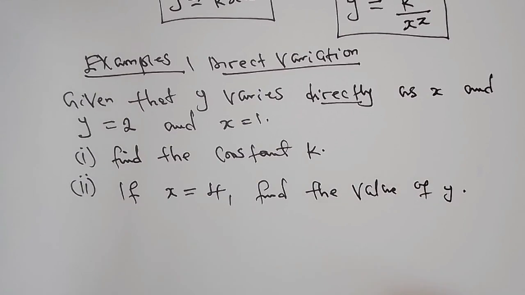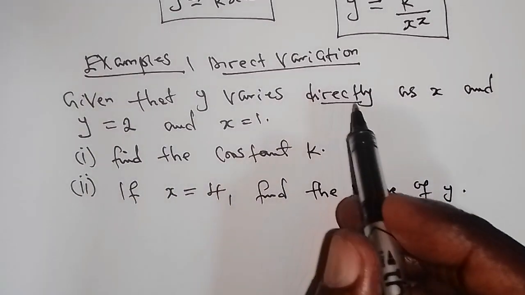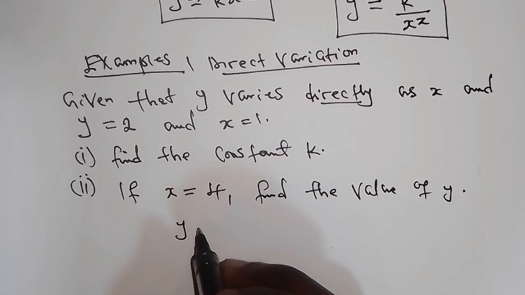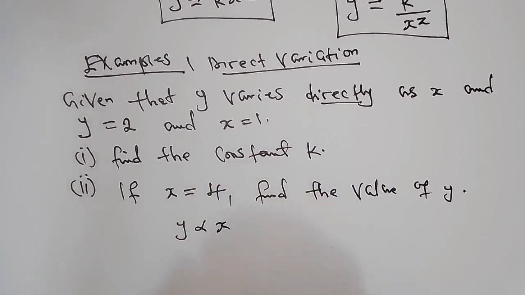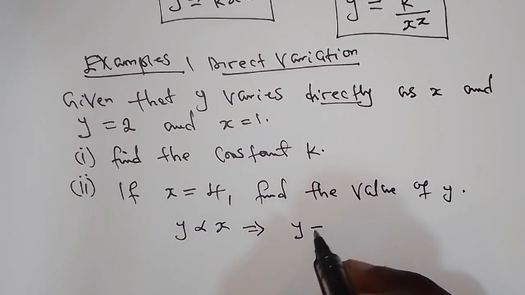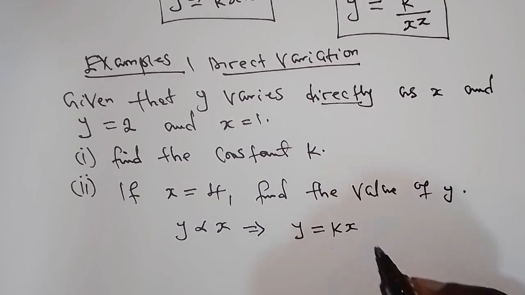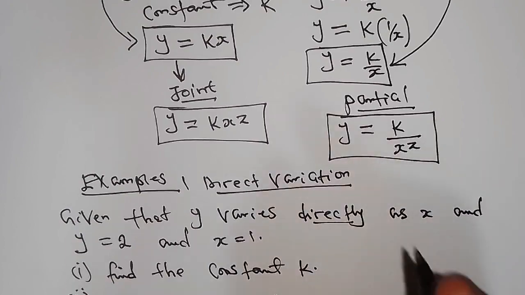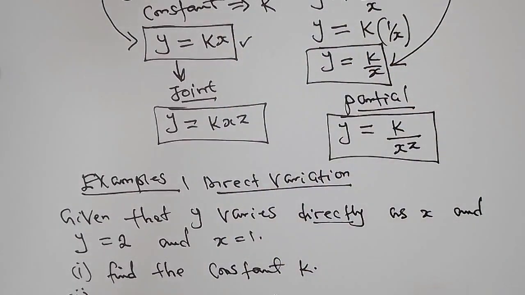First of all, you must come up with the relationship between y and x, which you know is a direct variation. So I'm just going to say y varies directly as x. From there we can introduce the constant: y equals kx. Remember what we said about direct variation.